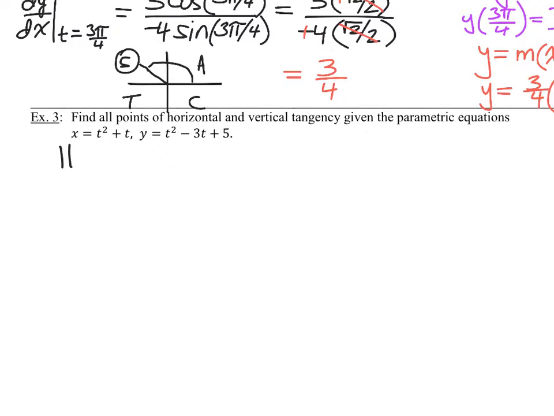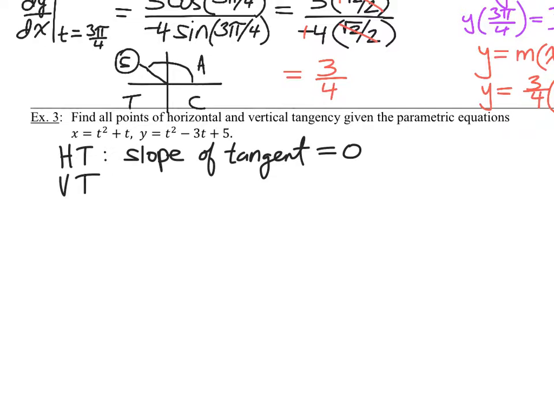Horizontal tangent, I'm going to abbreviate HT. Slope of tangent is equal to 0. Vertical tangent, slope of tangent undefined, so I'll say is equal to 1 over 0.